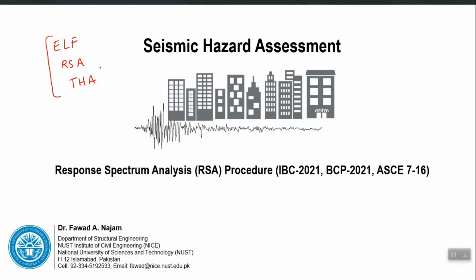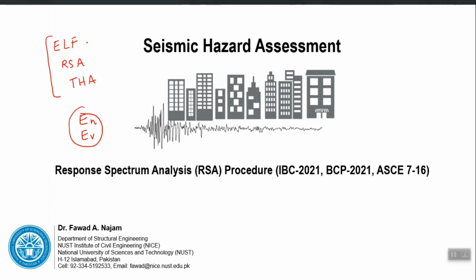Only the calculation procedure to determine that EH, right, or EV, that calculation procedure is different for these three methods, which will go ultimately in your load combination and result in the determination of seismic design demands, right.